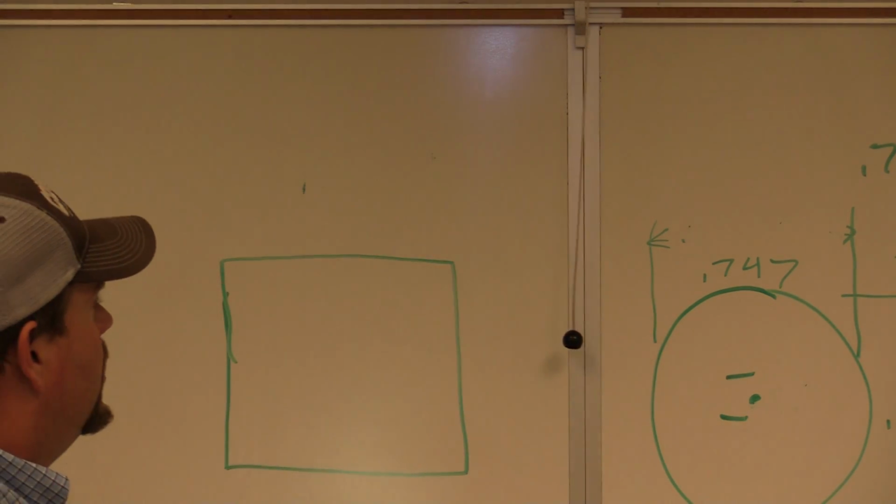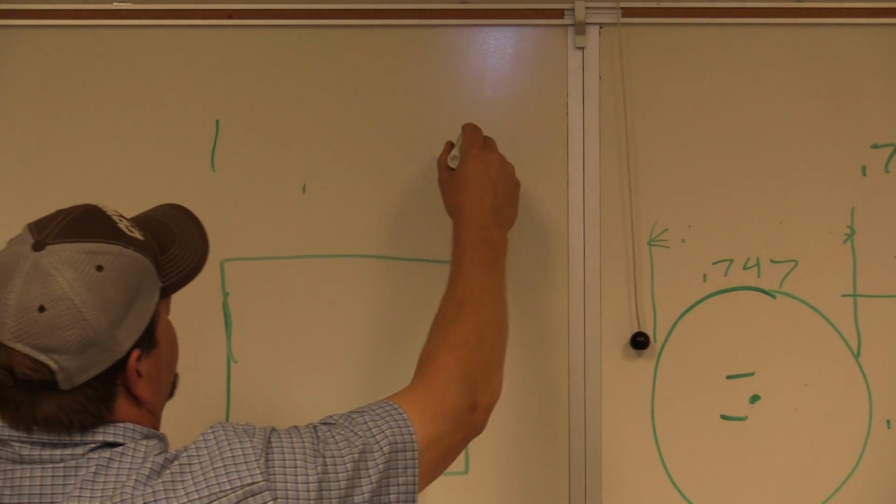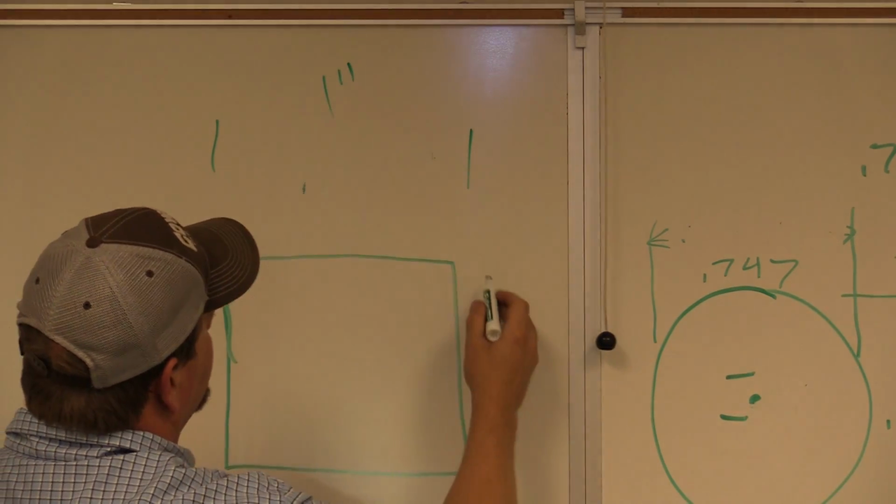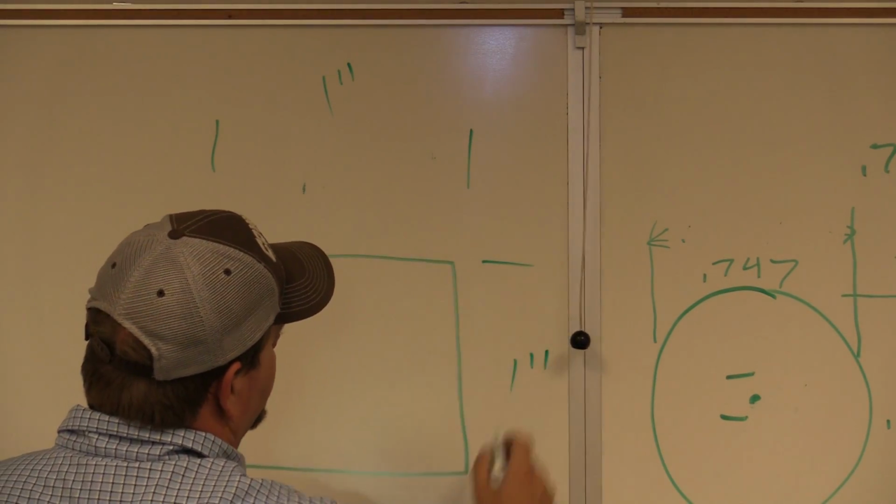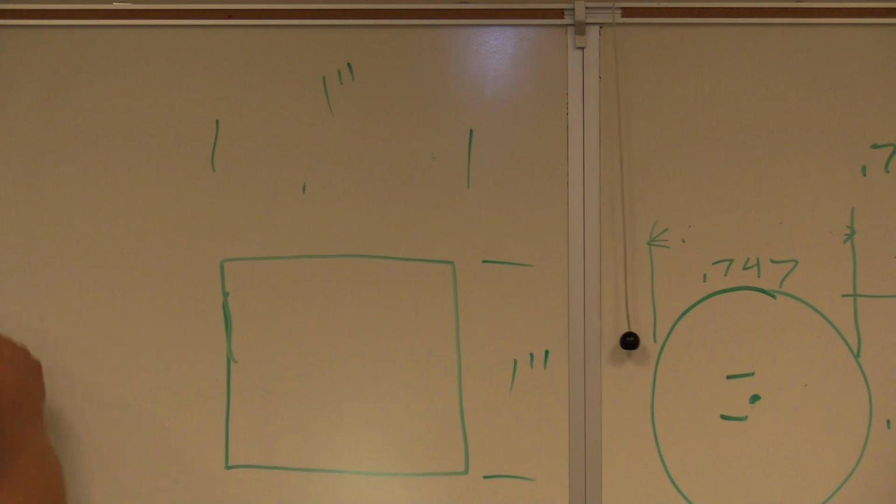Okay, so here's your square box, and we're going to make it very simple. This is 1 inch, 1 inch. Now it's saying your tolerance zone is 1 inch, correct?